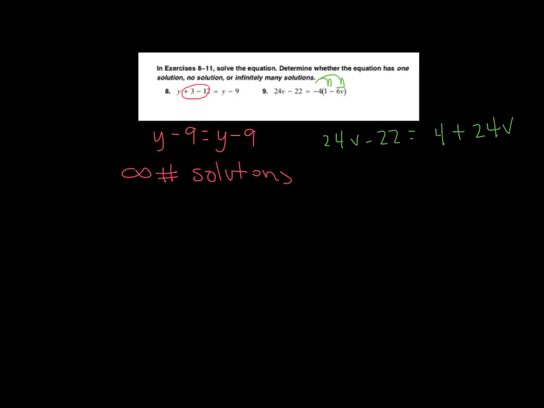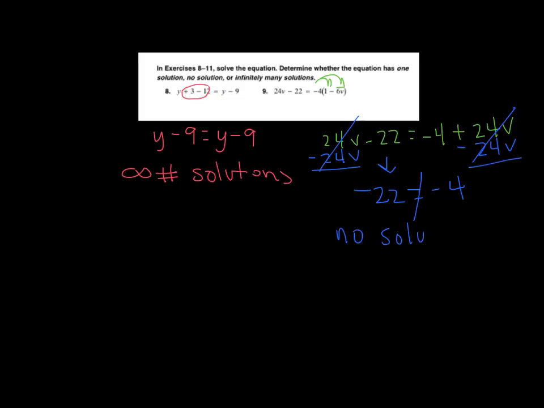So that's what I'm going to do first. The opposite of positive 24 is to subtract 24v. When you do that, you should notice that all your variables cancel. So I'm going to bring down what's left. I have negative 22 equals negative 4. Is that true? And the answer is no. So I know that this one would have no solution.